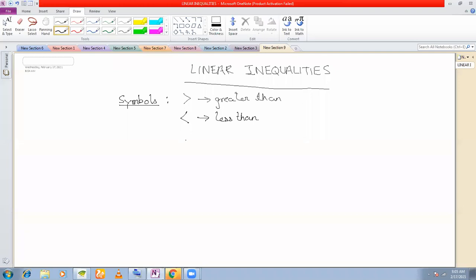This symbol is called greater than or equal to. This symbol is called less than or equal to.